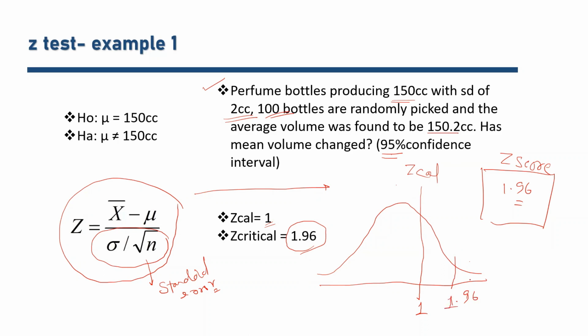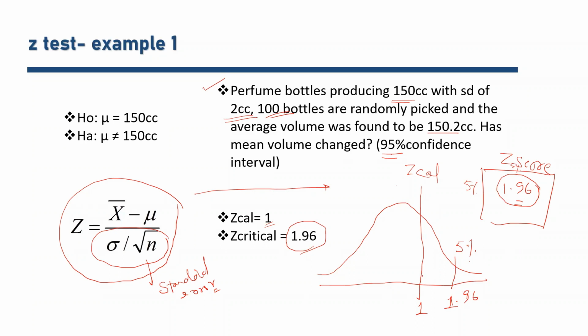So if this is 1.96 and this belongs to your 5%, from the 5% chart of the Z score, you have got a value of 1.96.